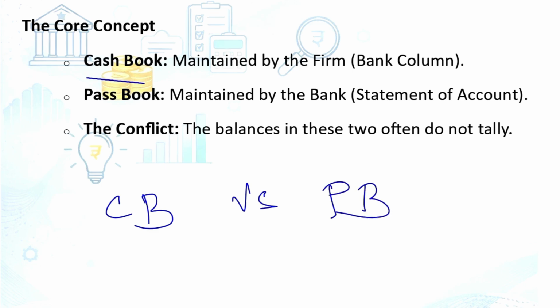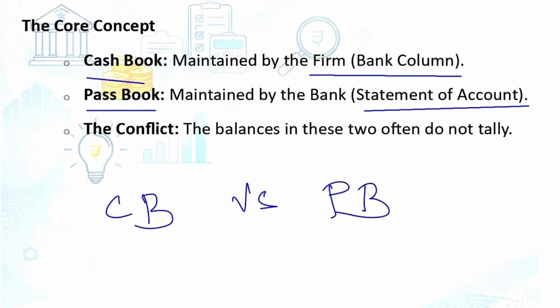Cash book is maintained by the firm, like a proprietor or partnership firm, whatever it may be, and passbook is also maintained by the customer, but the passbook reflects entries from our bank side, while the cash book entries are maintained by the staff of the particular firm.